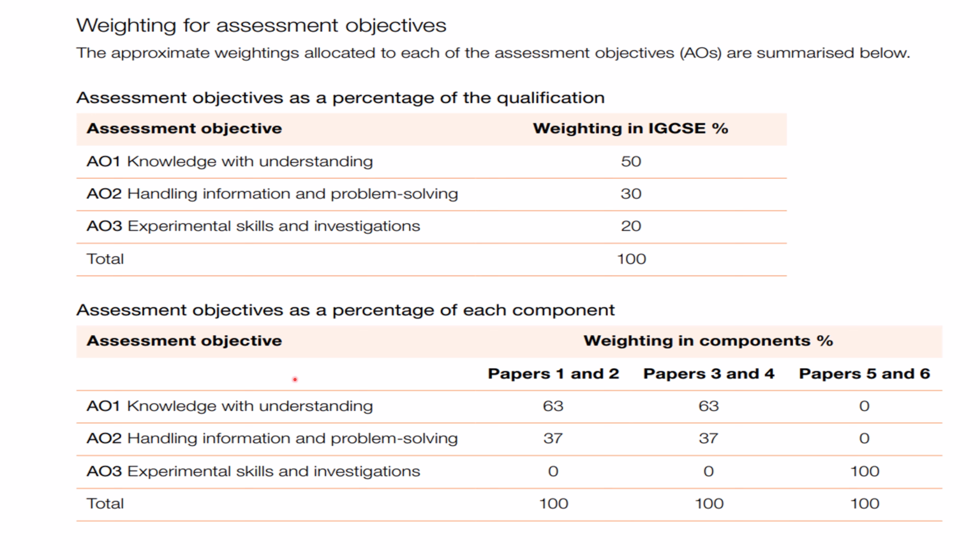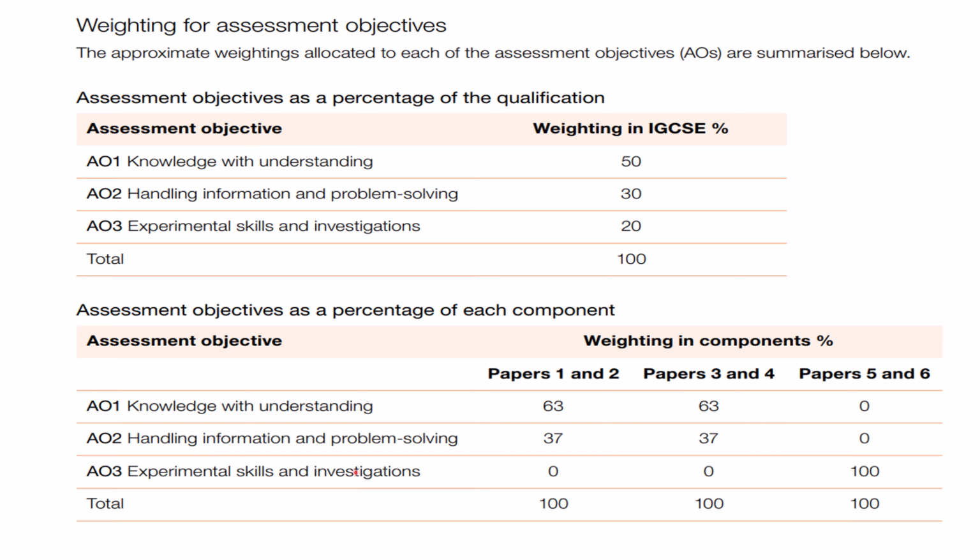Assessment objectives as a percentage of each component. Assessment Objective 1, knowledge with understanding: paper 1 and 2 for core students 63%, and paper 3 and 4 for extended students, this is also 63%, and paper 5 and 6 0%.